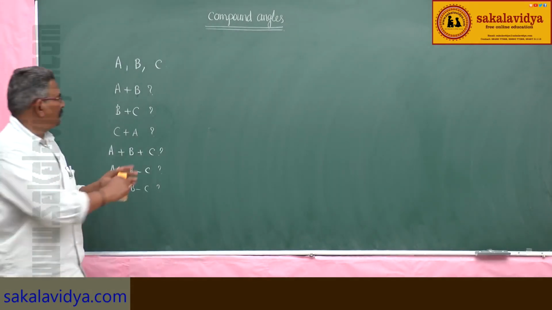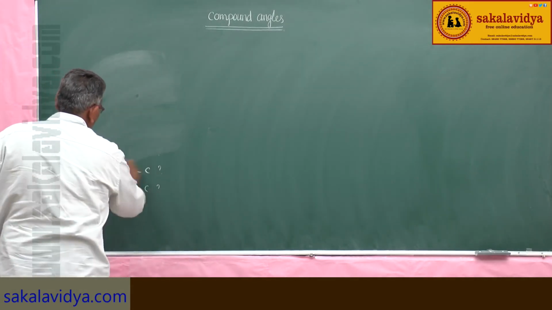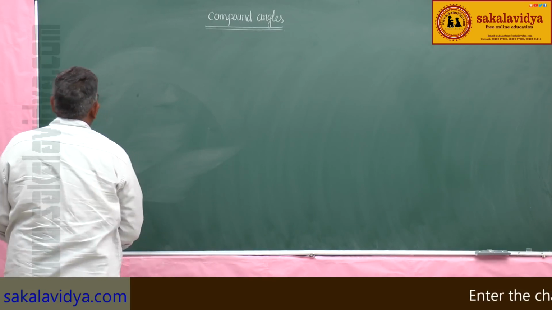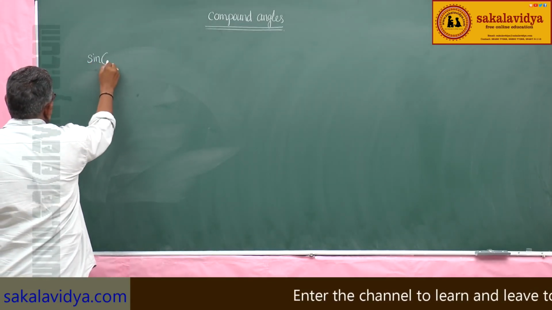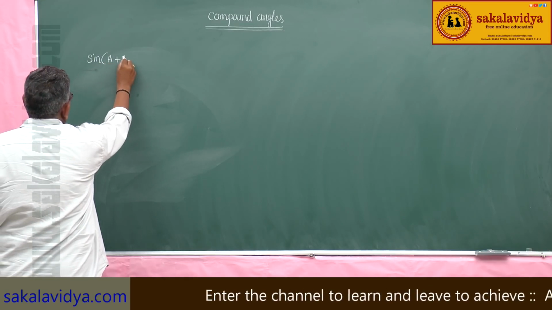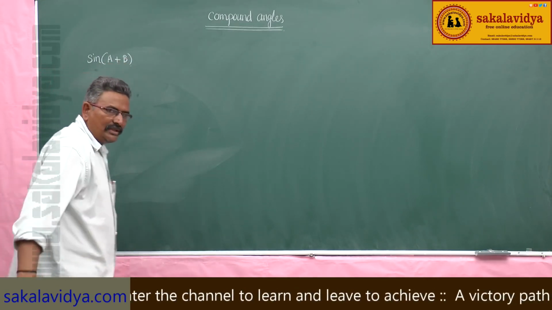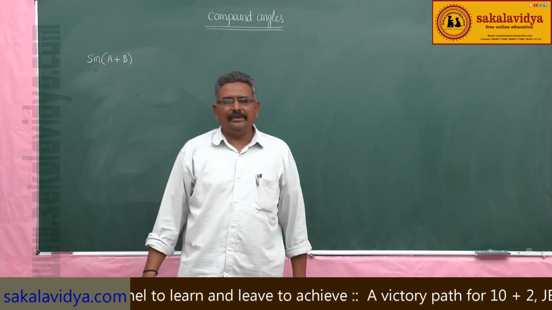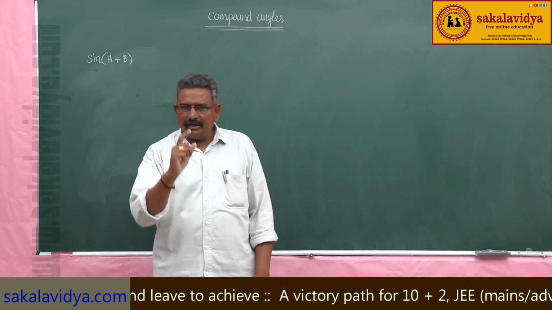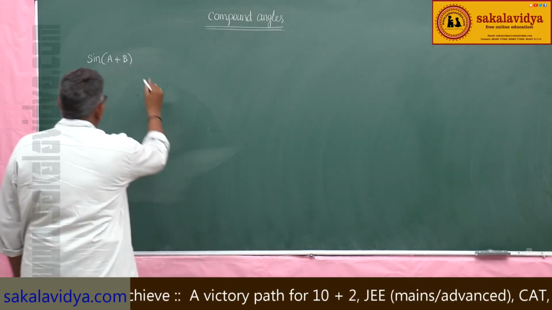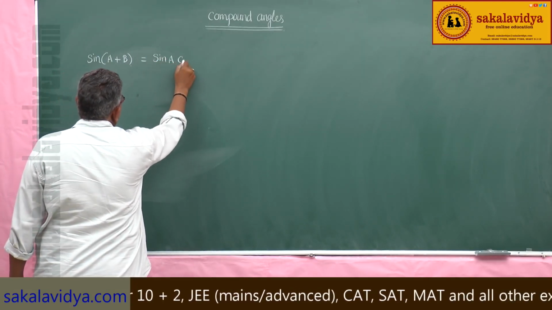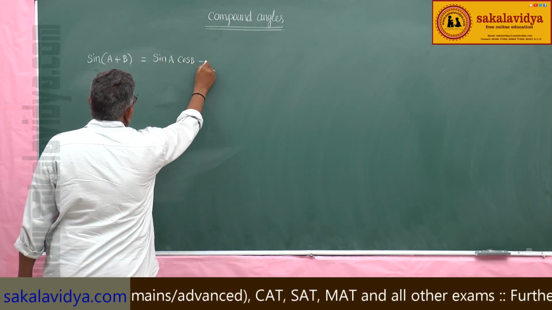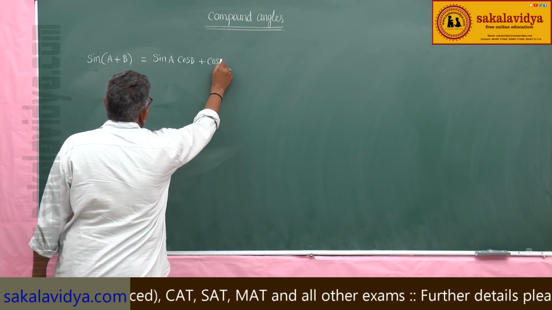First, we have sine of A plus B. Generally, one might suppose sine of A plus B means sine A plus sine B. No, the sine of A plus B is equal to sine A cos B plus cos A sine B.